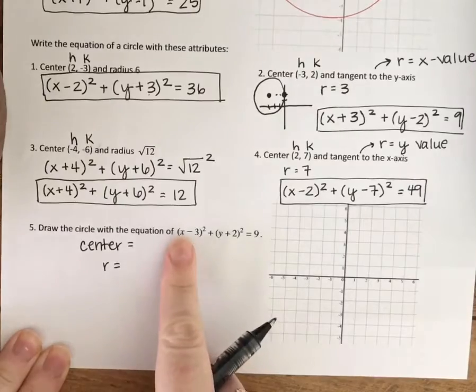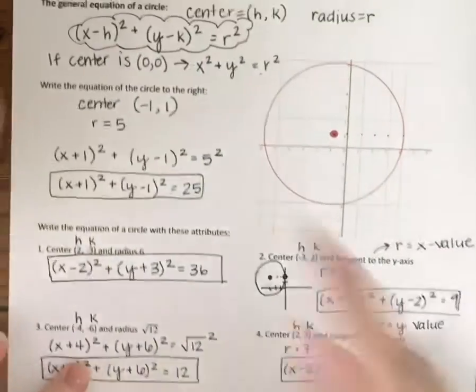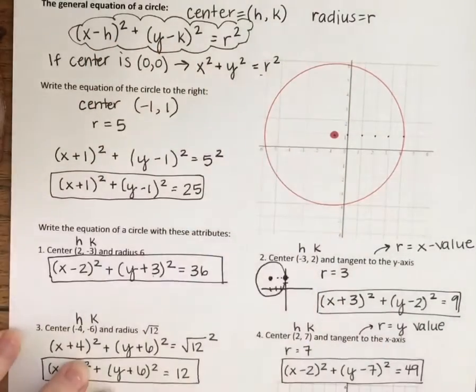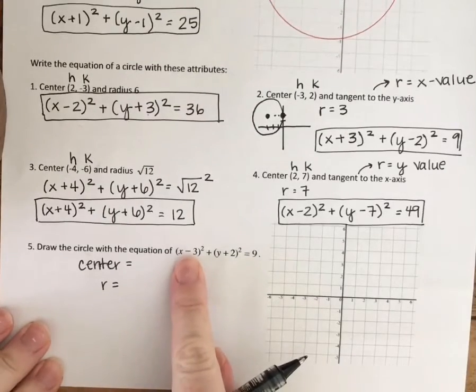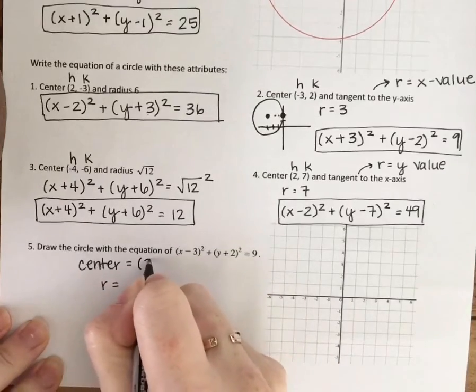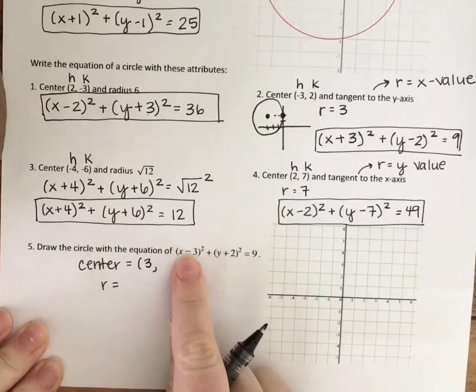Okay, so the center, remember, is the h and the k, and it is x minus h, y minus k. So in the equation we have here, whatever this number is right here, so if it's -3, then that means that my x value is going to be a +3. It's basically the opposite of what it is in your parentheses.